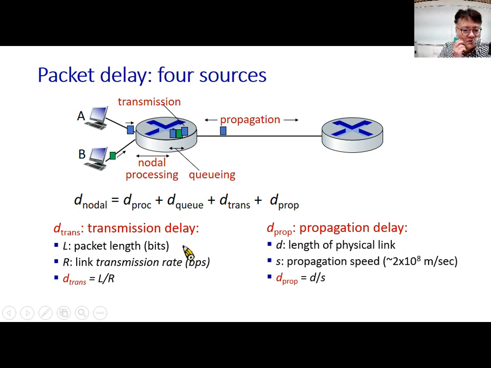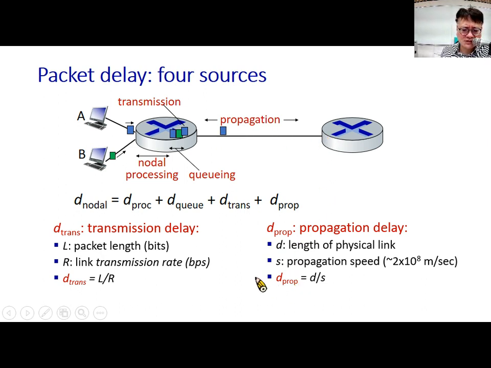The other one, the propagation delay, typically is about the length of the physical link. D of propagation delay is based on the length of the physical link. If the link is very long, it should be a long delay, right?